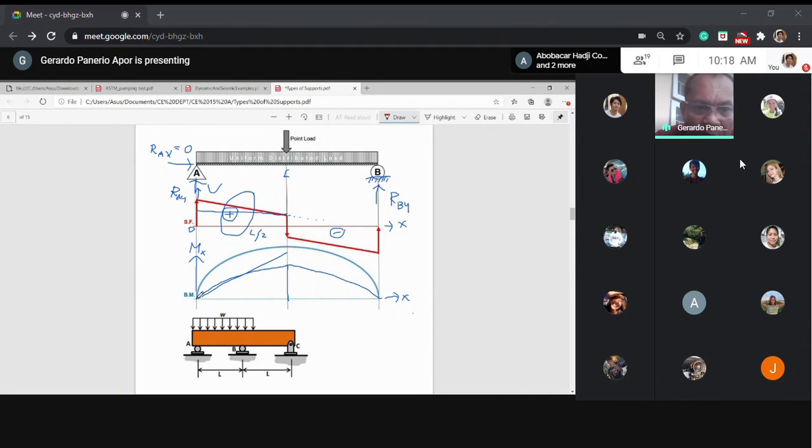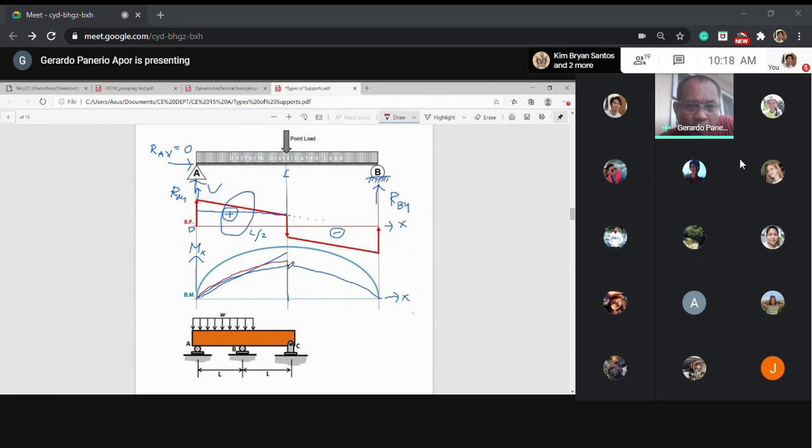Okay, so you can see that it gradually gets smaller. So the slope goes down. Then whatever the area from this to here will be the maximum moment. That's the highest it can reach.